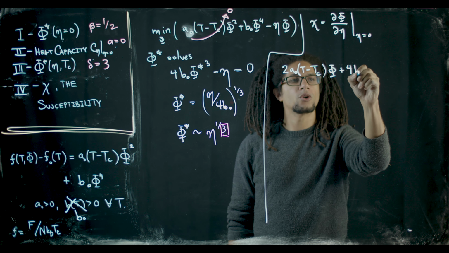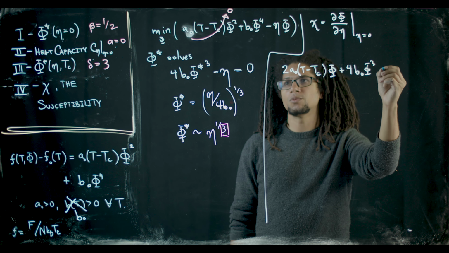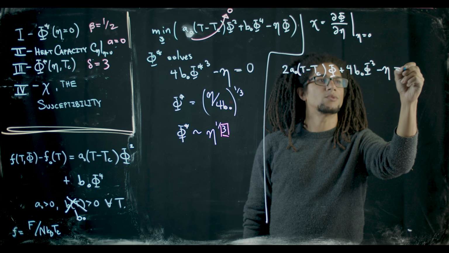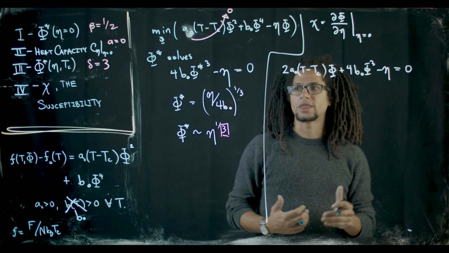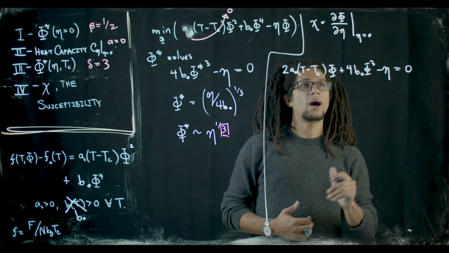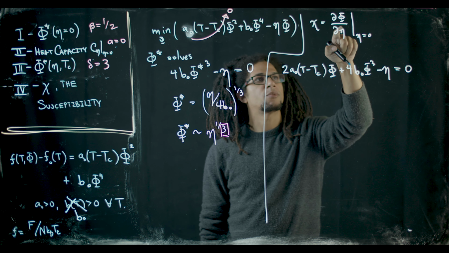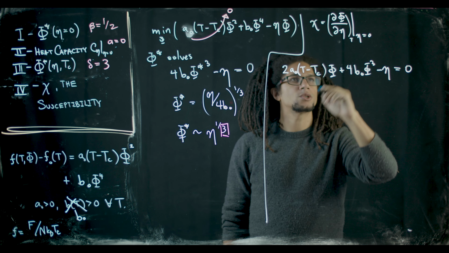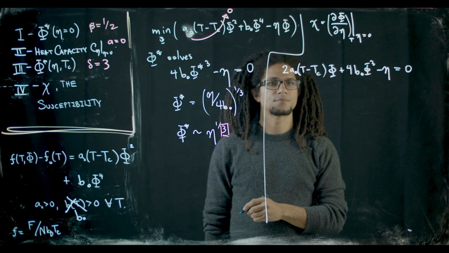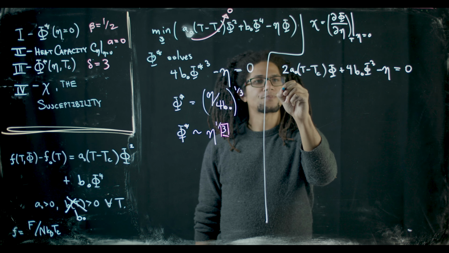So plus 4b naught phi cubed minus eta is equal to 0. And immediately it seems like there's not very much that we can do with this, but in fact we can do something, which is take an eta derivative, and I should have been clear that this is a partial derivative fixing t.